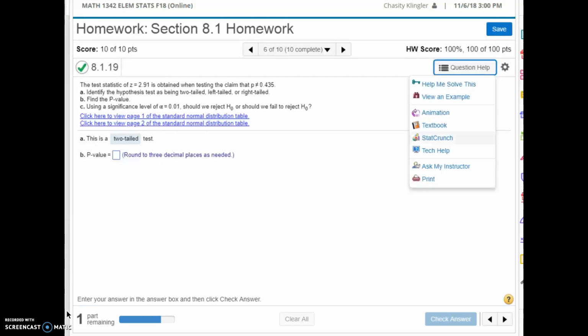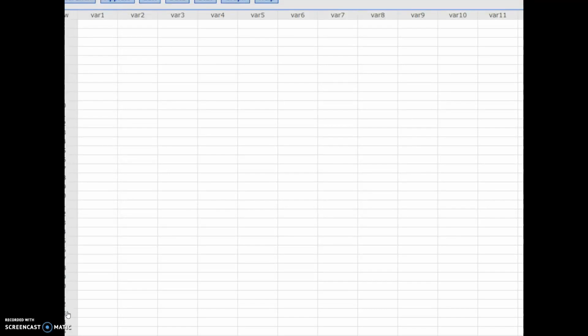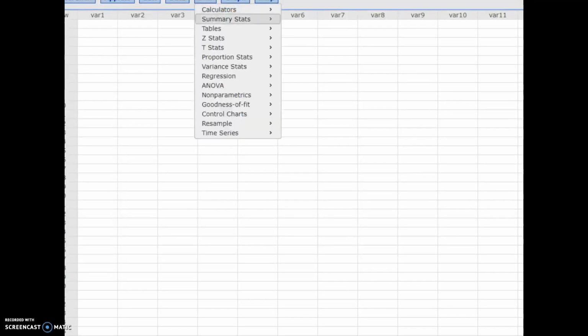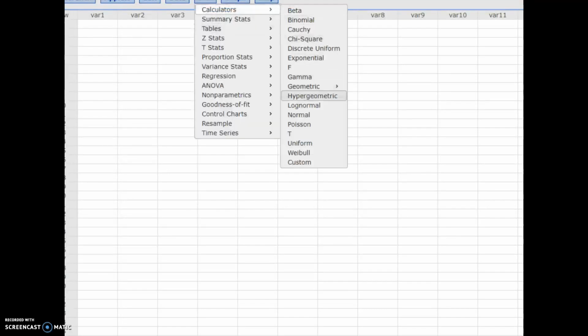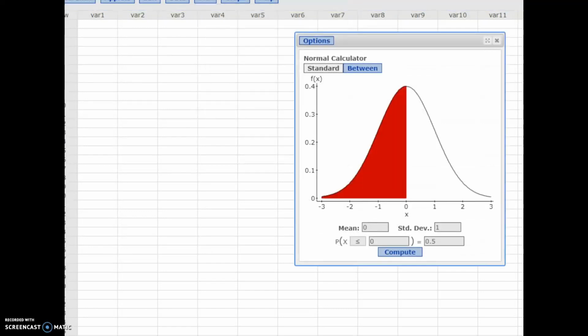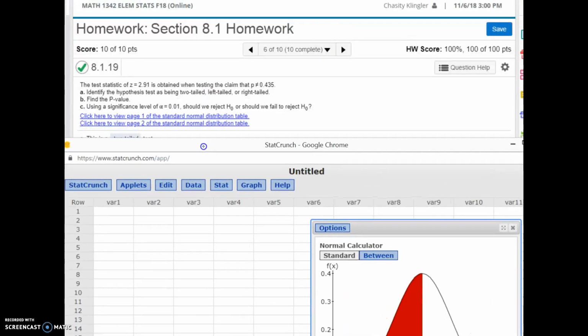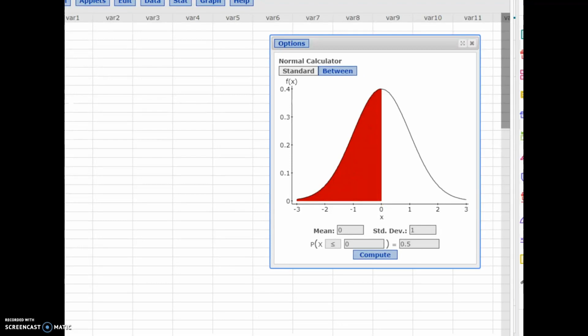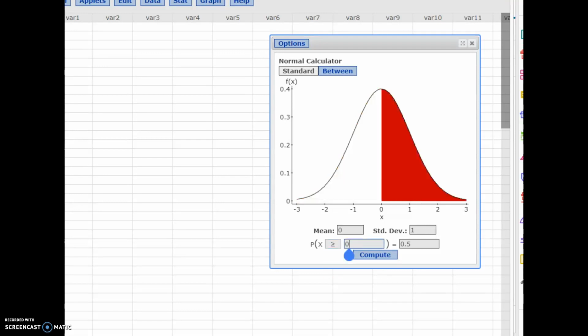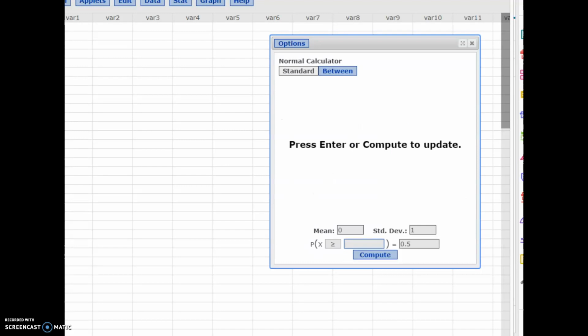So we're going to go to StatCrunch. And you do Stat, Calculators, Normal, because we're doing probability. Now our test statistic was 2.91, so it's going to be over here on the right. So we need to do the probability that it's greater than 2.91.